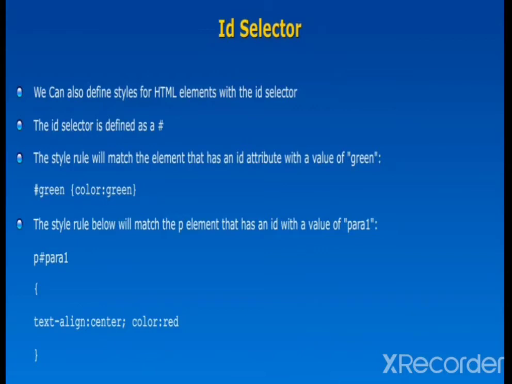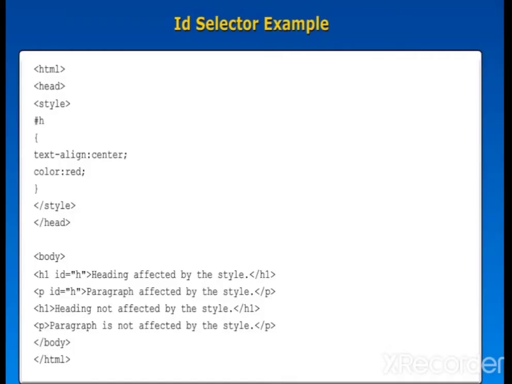The style rule below will match the p element that has an id with a value of para 1. See this example, p hash para 1. For that style, text align is the property and center is the value. After that, color red. Color is the property and red is the value for the color.